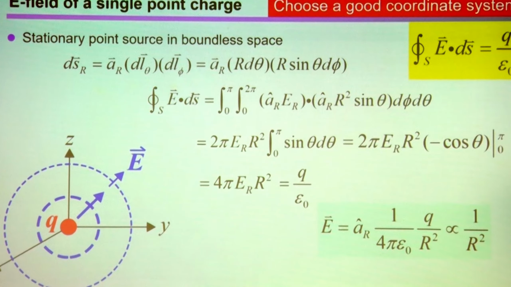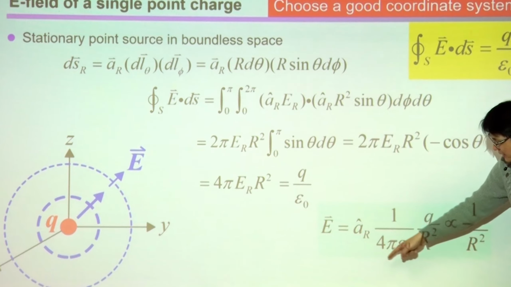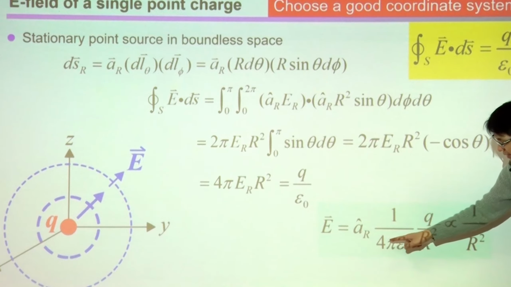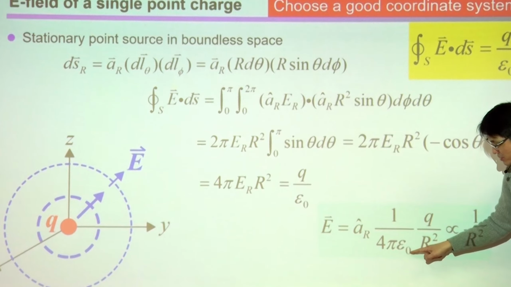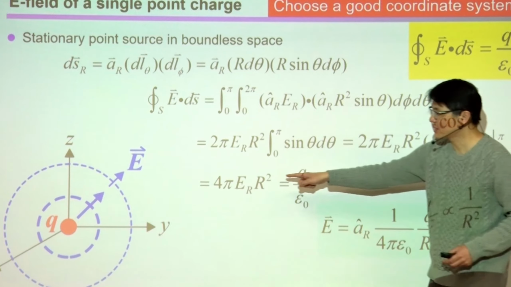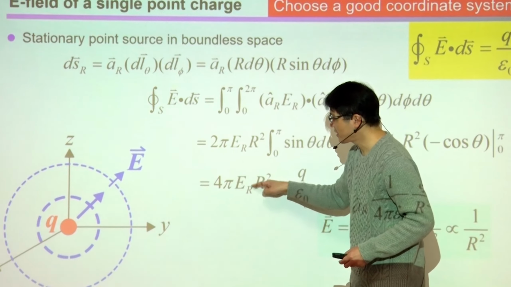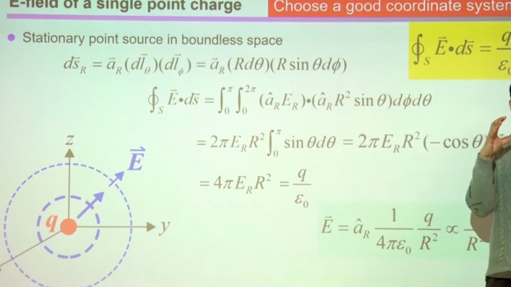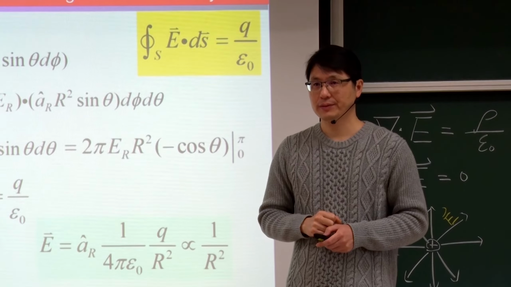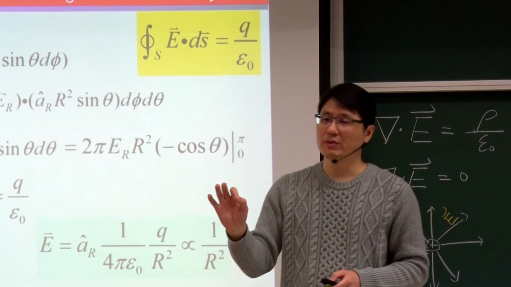Okay? The exact quantity would be the charge divided by the square of the distance and then divided by 4 pi epsilon 0. So this 4 pi r squared is coming from the surface area of the sphere. Right? This is nothing new.